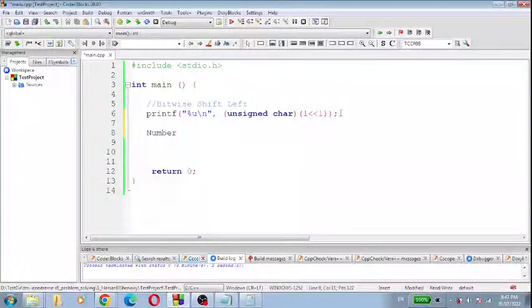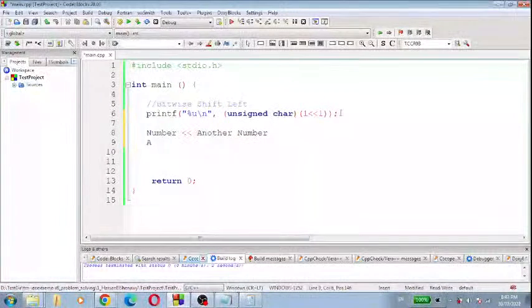Okay, and your shift operator, then another number here. It's going to be read like you have a number shifted left by another number.